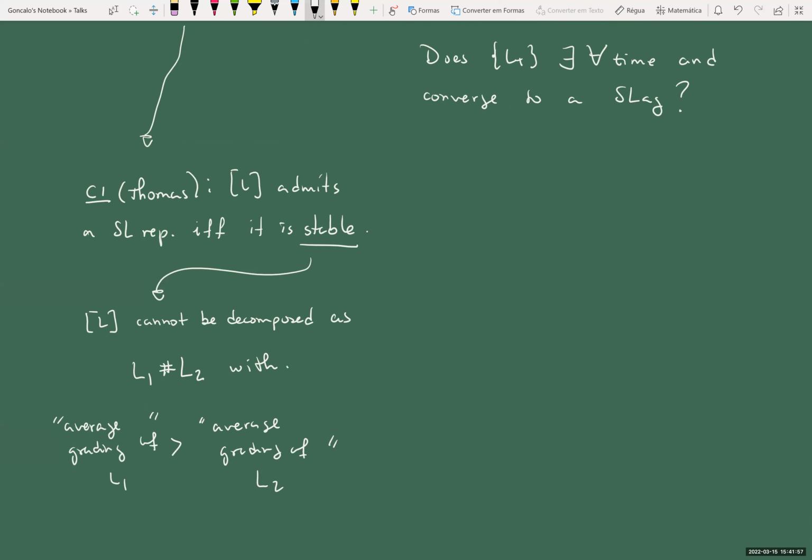Okay, so this is motivated by mirror symmetry and based on what happens in what is called the mirror side.